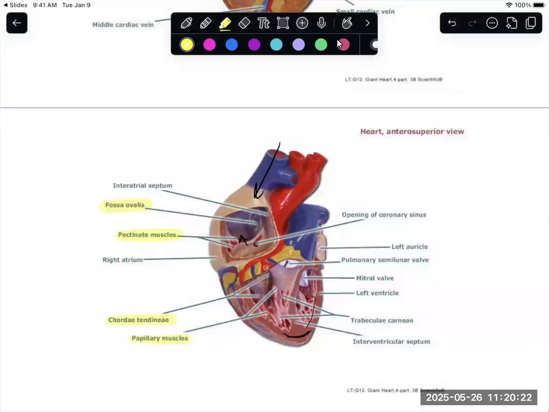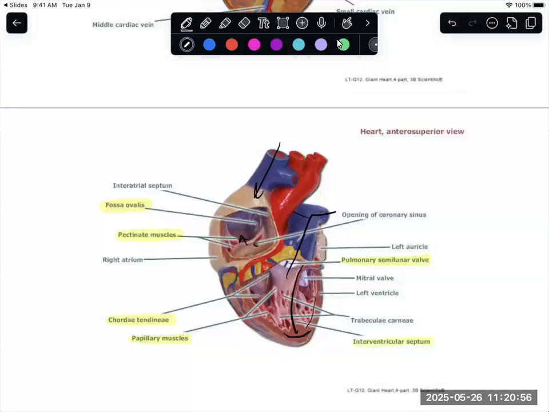Here you can see this pulmonary semilunar valve. The right ventricle is going to contract and push blood through that pulmonary valve and up. This is what sends the blood off to the lungs to pick up oxygen. We can also see the interventricular septum, between the ventricles, this wall that separates the right and the left ventricle.